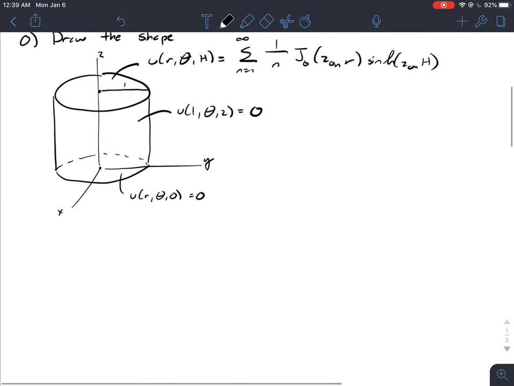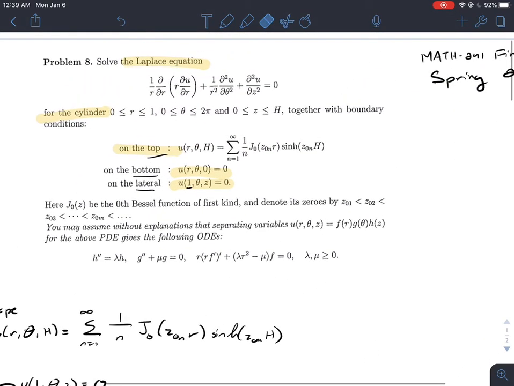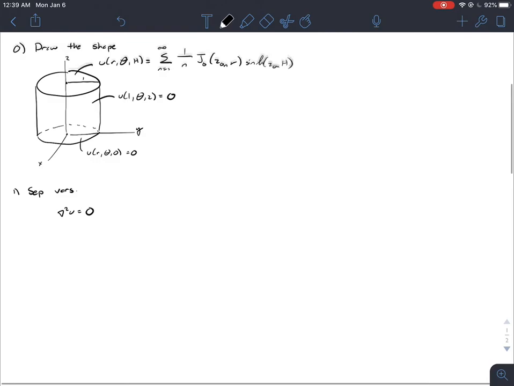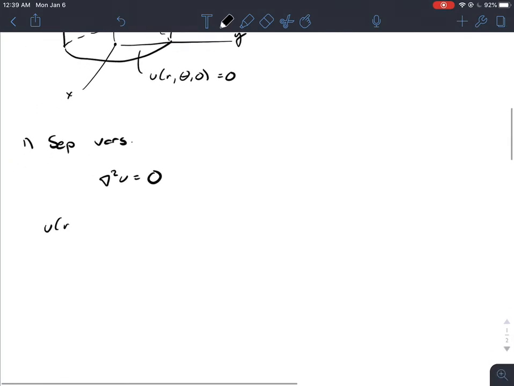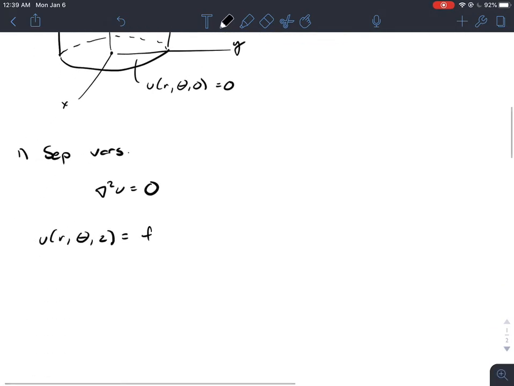Okay. So now step 1 is to separate the variables. But we're conveniently given the separation for this Laplacian. Remember that the Laplacian of u is equal to 0, and we're also told that u of r, theta, z is equal to f of r, g of theta, and then h of z.